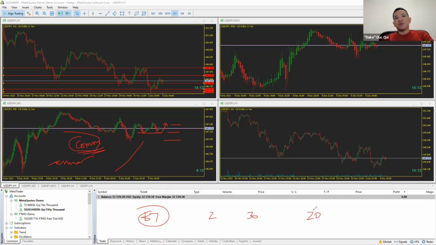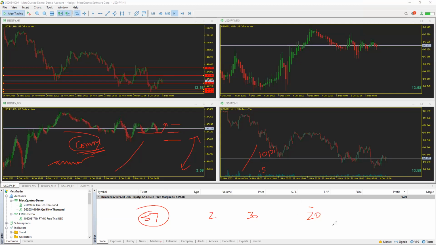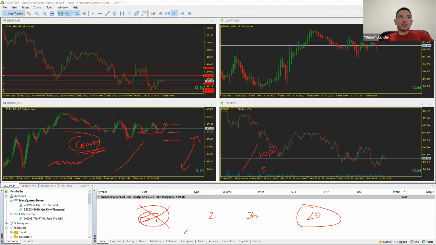Whereas if I just simply said, well, you know what, I can get a 20 pip run, or I can get a 10 pip run, and I can be at 0.5, right? I'll make the same amount of money, but the commission is so much less.